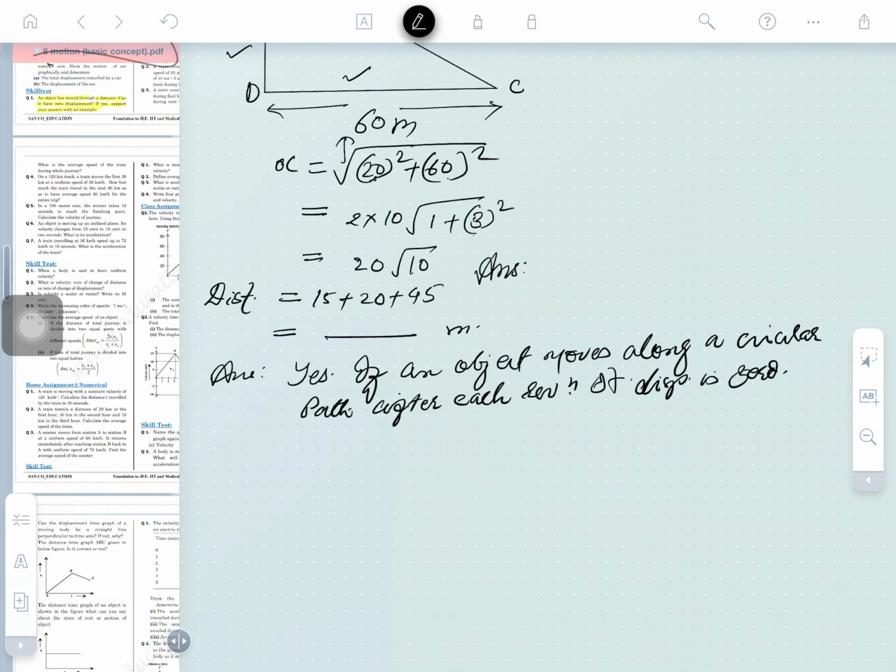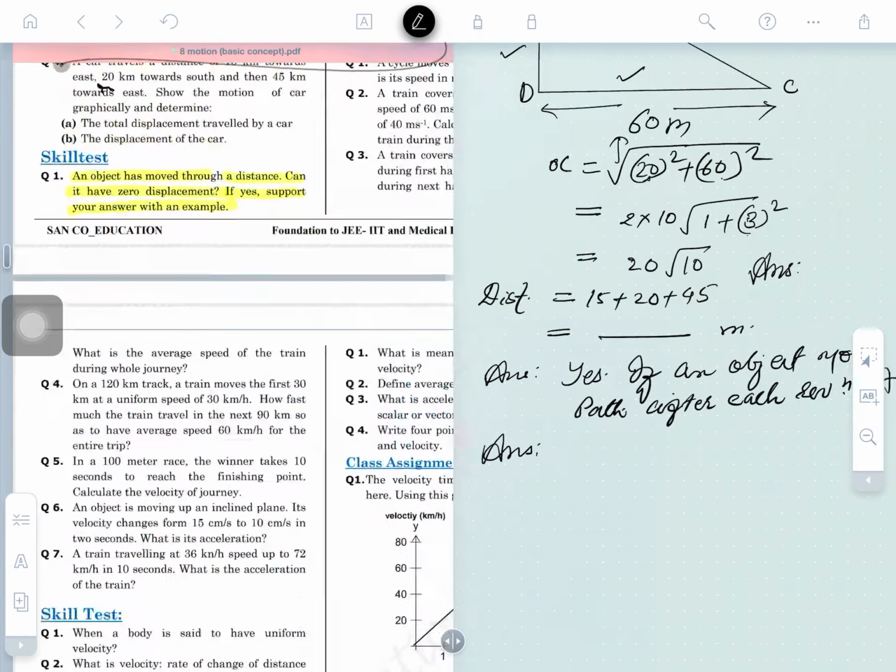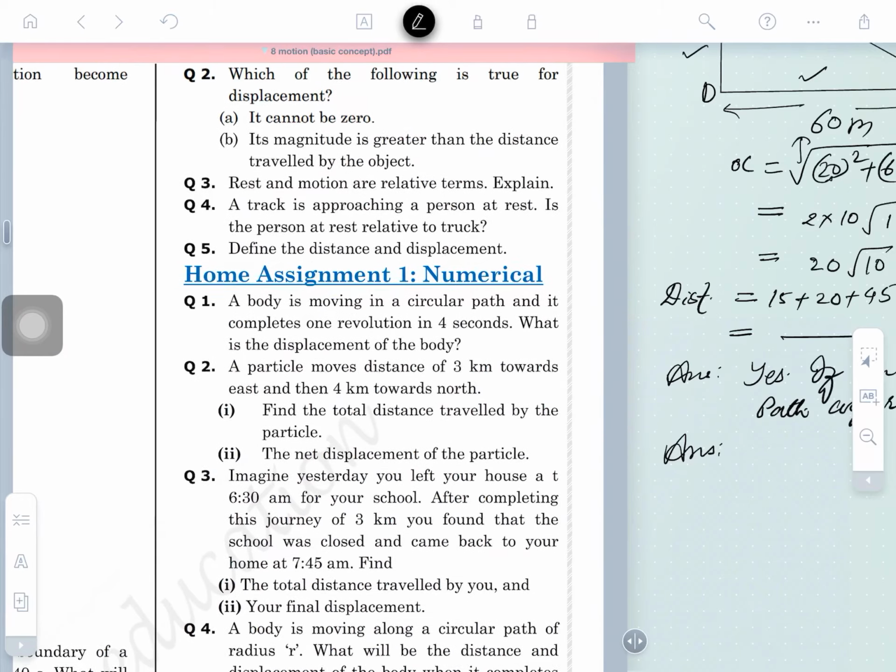Yes, this is the method of writing the answer, and you have to write the answer in your answer sheet in this manner. Clear? Next question please.